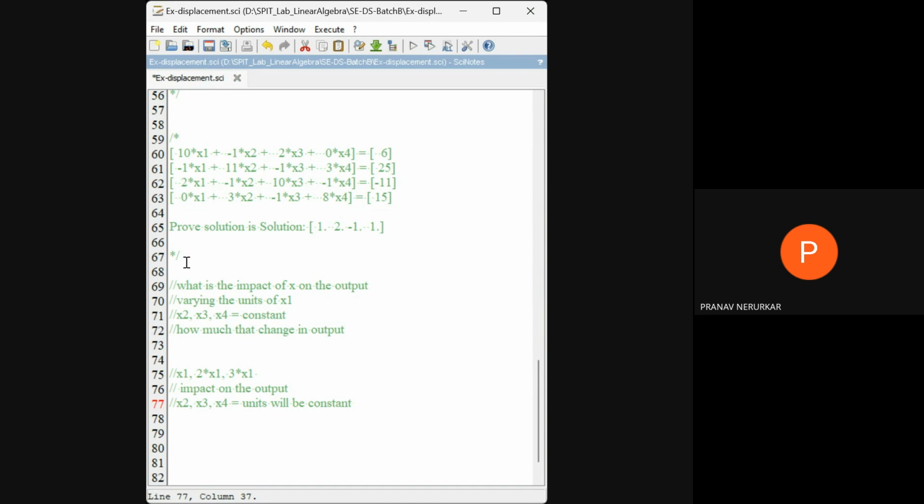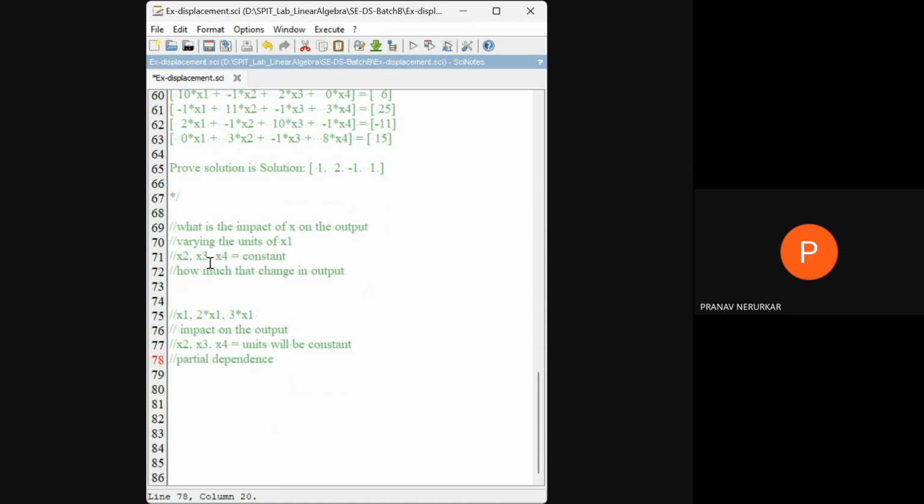So this is called, in data science term, partial dependence. Partial dependence because x2, x3, x4 are constant, only x1 is changed. And we are seeing how much is the impact on the output. So this you can take as exercise for now.